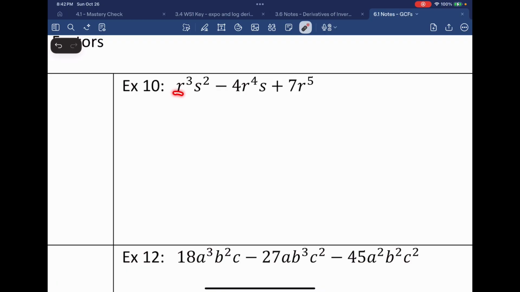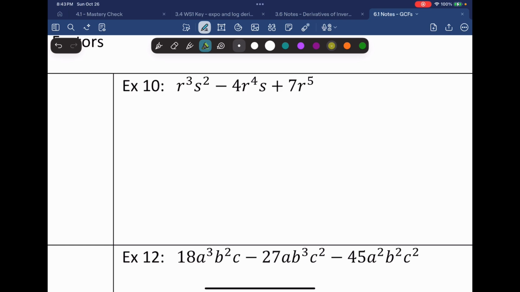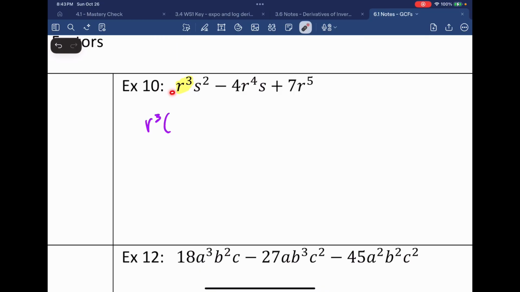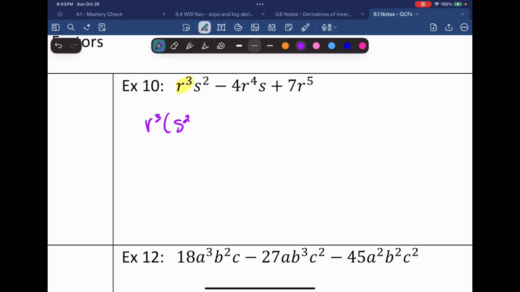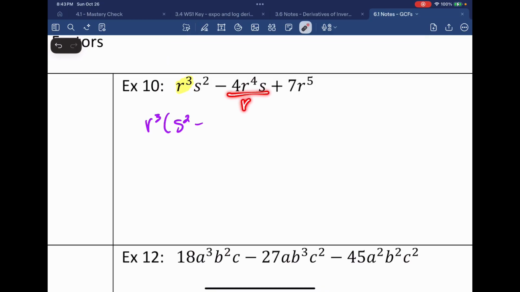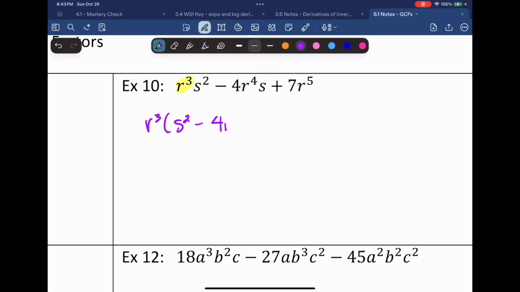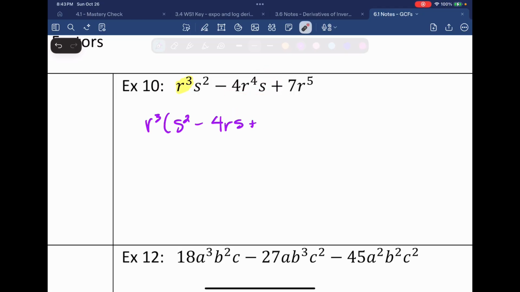R cubed, r to the 4th, r to the 5th, so r cubed. All right, so r cubed is going to cancel and leave s squared. So we're going to take it away from the 4, so that's 4rs. So we're going to take it away from the 5, so 7r squared.